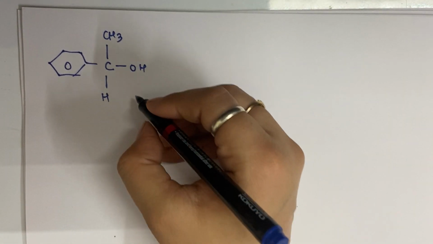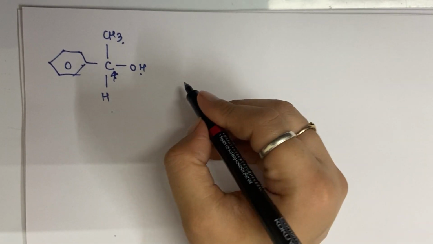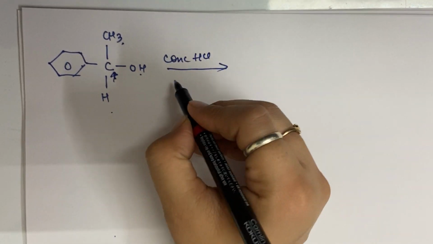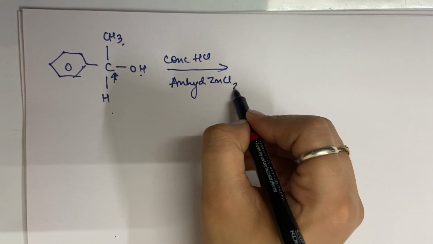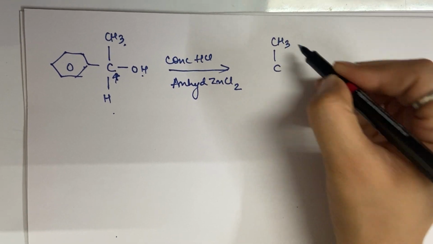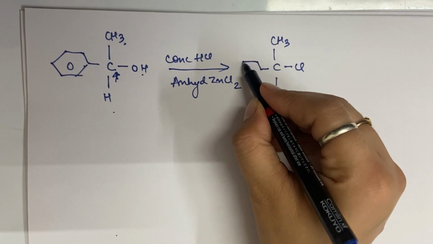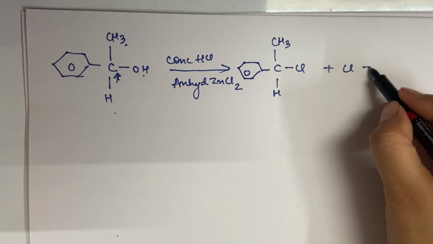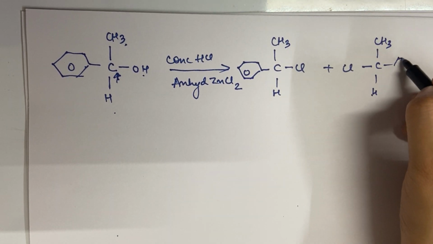Okay, so this is a chiral carbon because all four groups which are attached to it are different. When it reacts with concentrated HCl in the presence of anhydrous ZnCl2, the product will be this one, in which Cl can come in place of OH, and here also Cl can come this side, and the rest will remain the same.